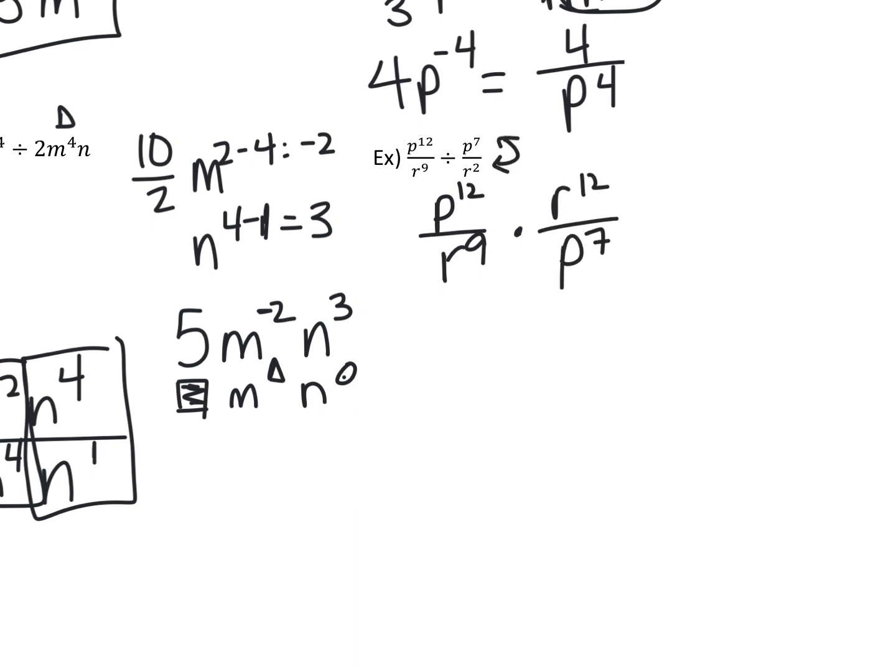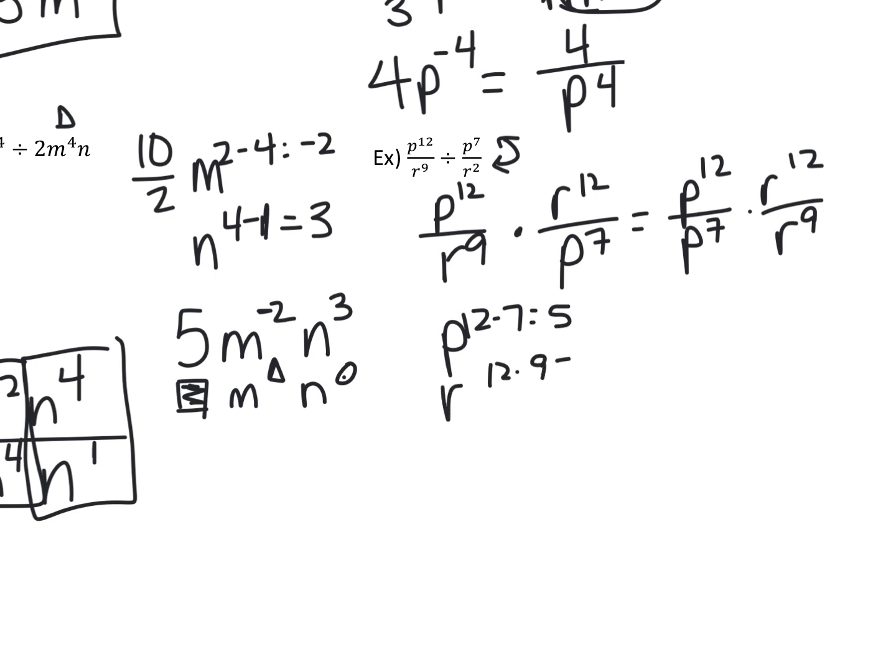Now I can see that if I wanted, I could rewrite this so that the same letters are together, if that helps you. So you can see the fact that you need to subtract. So we're going to say p to the 12 minus 7 is 5. r to the 12 minus 9 is 3. So my final answer is p to the 5, r.